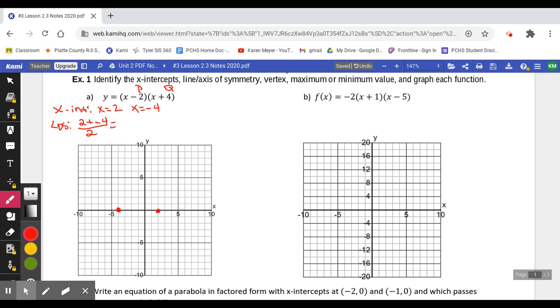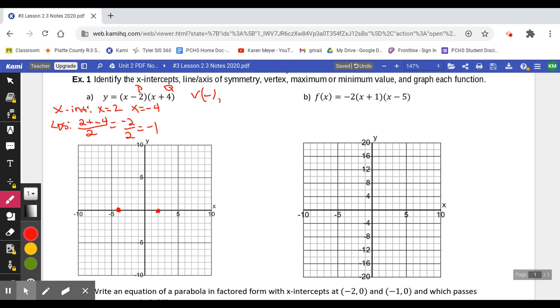So that's going to give me negative 2 over positive 2, which is negative 1. Now, just like the last form, the vertex has the same x number as the line of symmetry. So negative 1, bam.